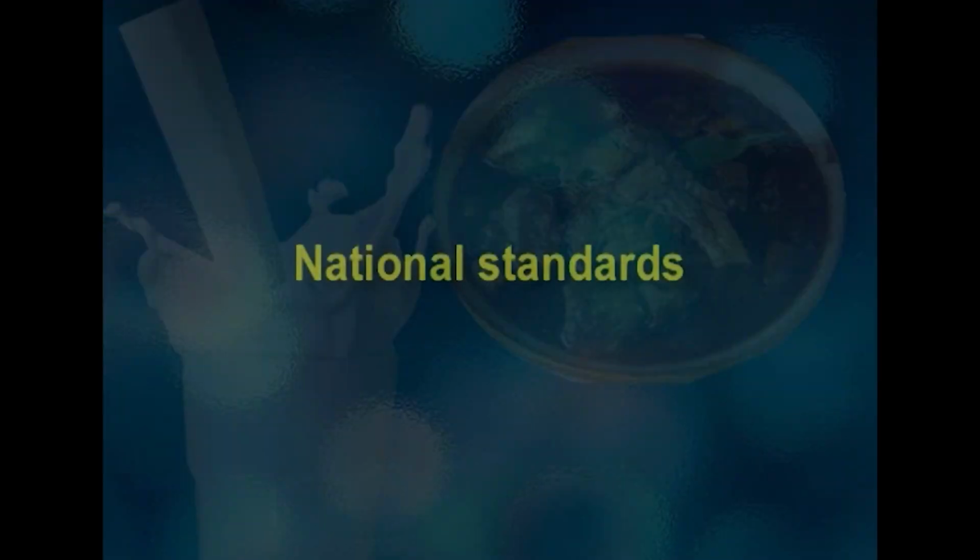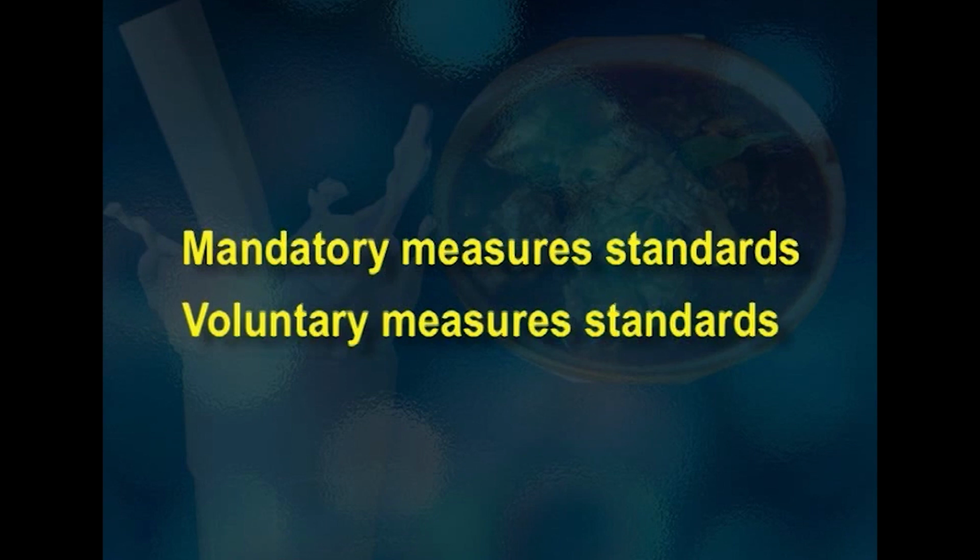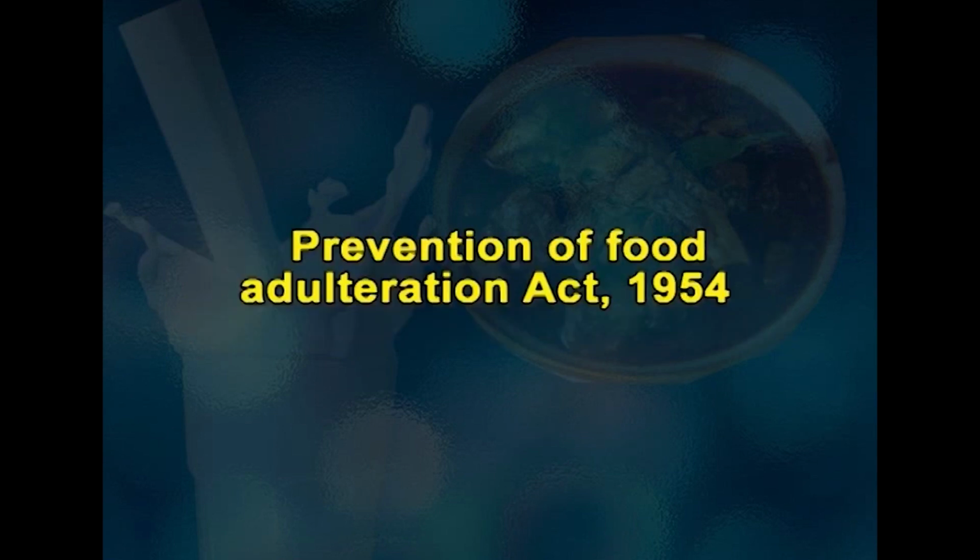First we discuss national standards. These standards are categorized as mandatory or regulatory measures, and second, voluntary measures. Under mandatory measures, the first important act is the Prevention of Food Adulteration Act 1954.